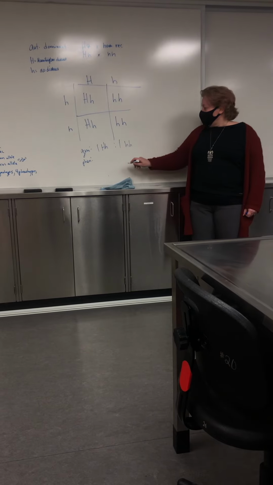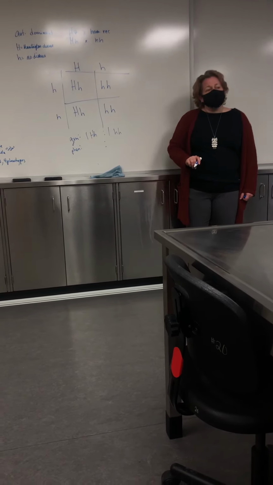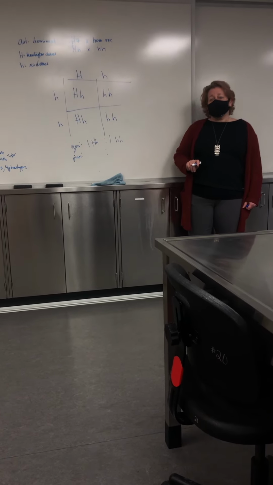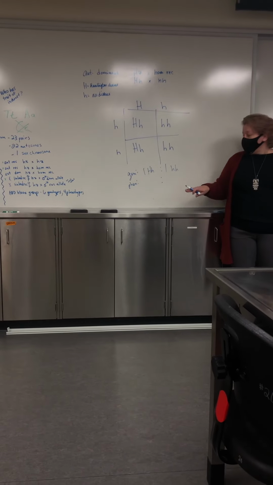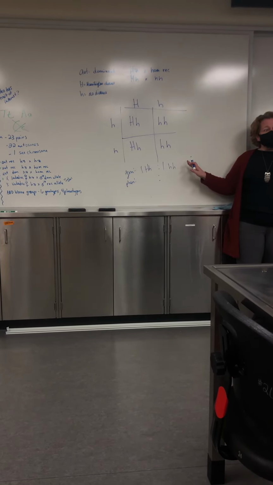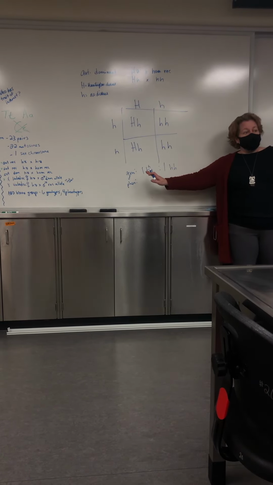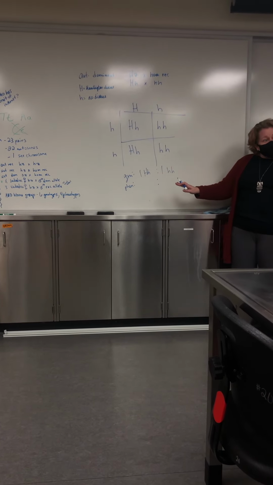So the next thing we say is phenotypic ratio. Which individuals actually exhibit this trait? Which individuals exhibit Huntington's disease? A or B? Everybody agree? A? So this individual expresses the trait.